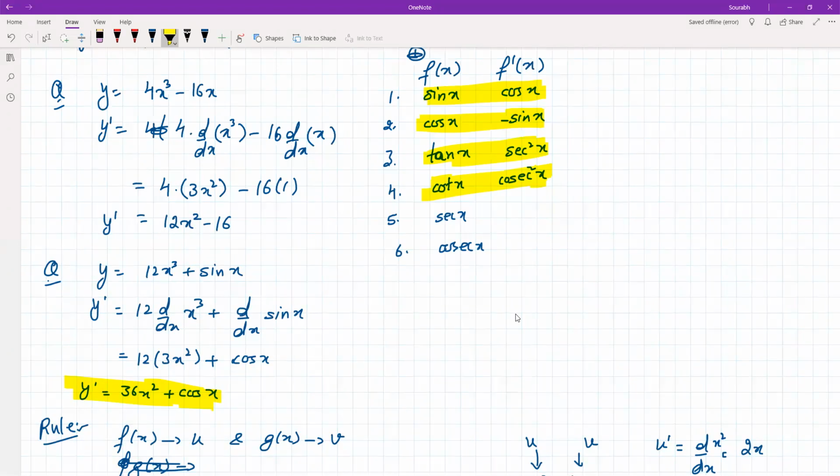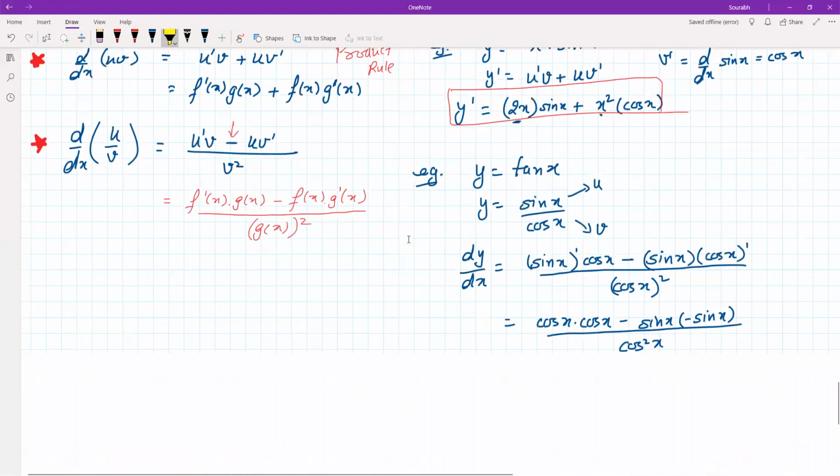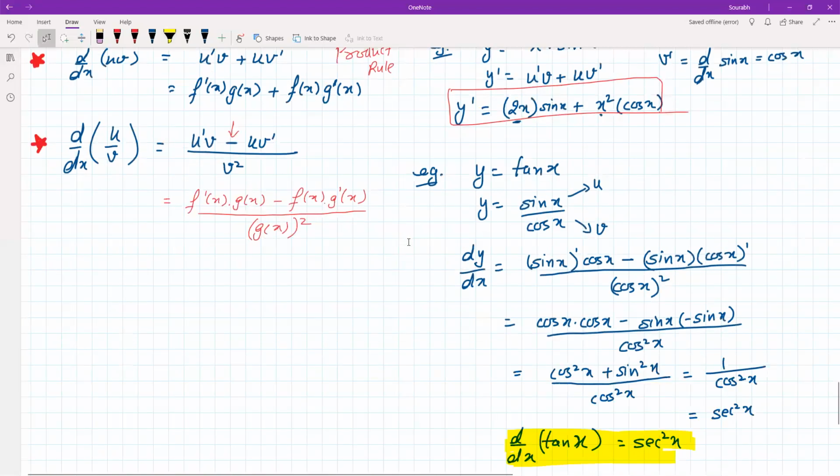Right? So these are the different rules, and this is how, even if a trigonometric function comes into your question, you are going to find the differentiation of those functions. Okay, so that is about differentiation and differentiation techniques.